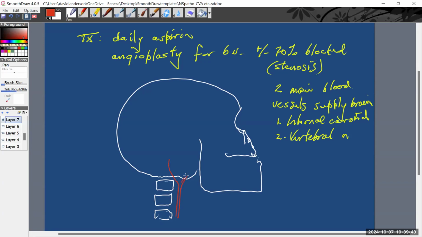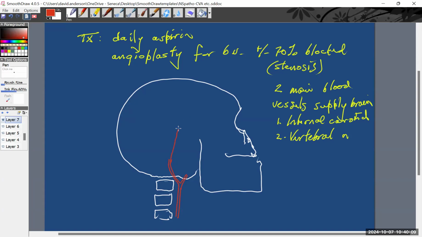The external branch is going to supply structures on the outside of the cranium, and the internal branch is going to supply structures within the cranium, in other words, the tissues associated with the brain and the brain stem. So we're going to follow our internal carotid artery into the skull and through in front of the brain stem.